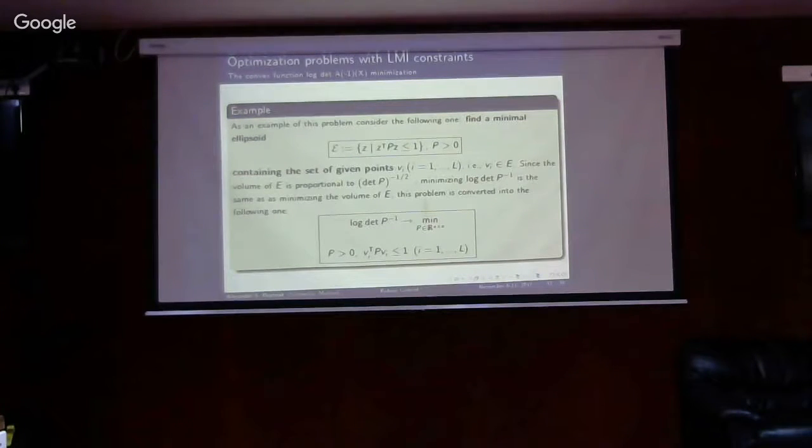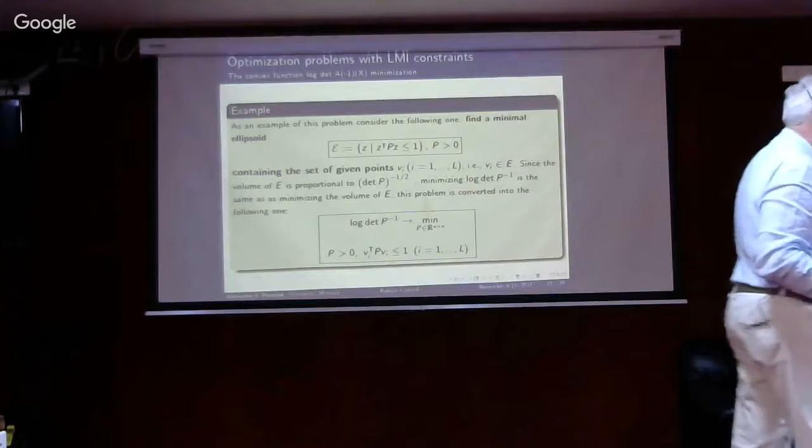So we have more than 0, 1 minus V_i transpose P V_i. This is S11. Here I can define S22 as P minus 1. This will be S12, and this is S21, or S12 transpose, that is the same. So we have this representation.